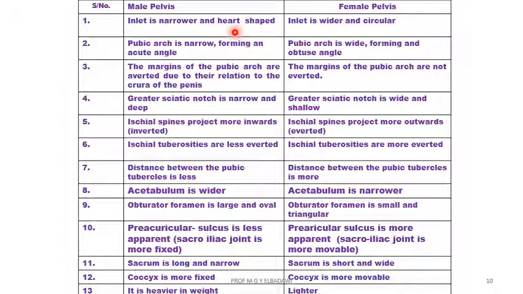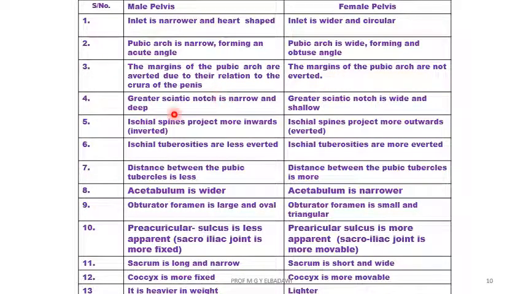The inlet is heart-shaped in male, wider and circular in female. The pubic arch is narrow in the male, and the acute angle is almost an obtuse angle in the female because of the stretch. The margins of the pubic arch are everted in the male, but not everted in the female.